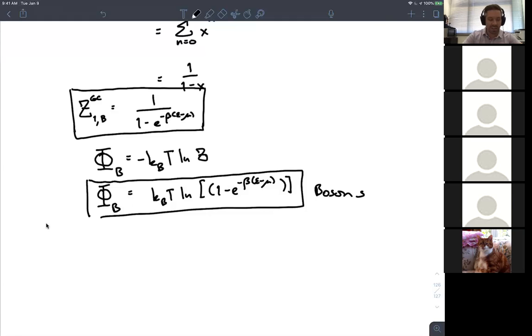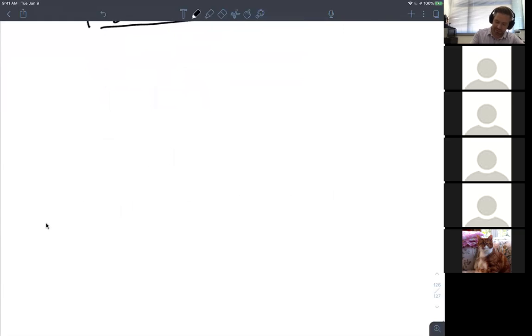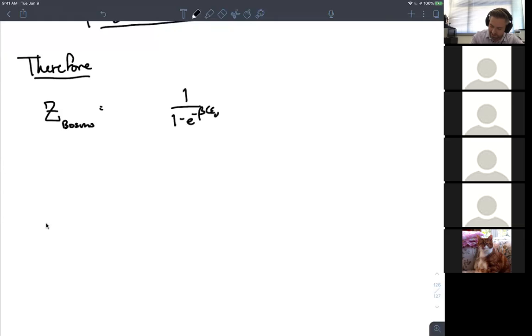Now we take those results and write down the full partition function and the full free energy for our quantum system for bosons and fermions. The partition function for bosons is this thing we just derived, 1 over 1 minus e to the minus beta (epsilon alpha minus mu), and then you just multiply together all of your energy levels.